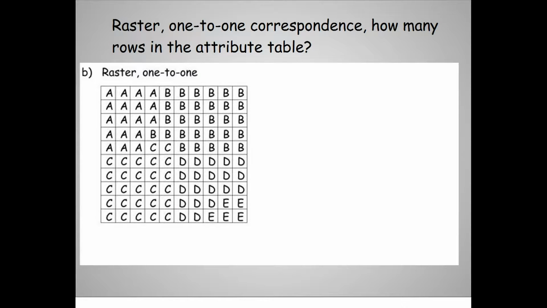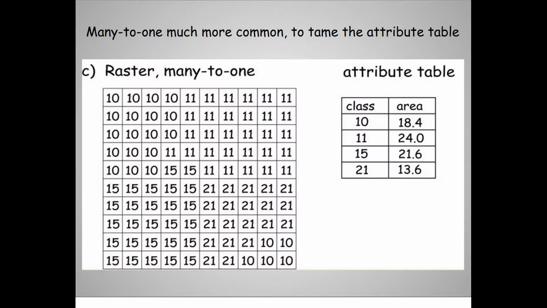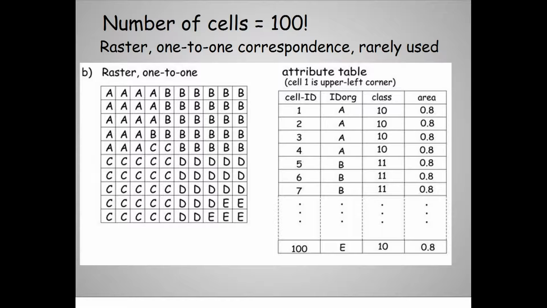What about the attribute data? Well, one way to think about it is that now each cell is like its own vector. And so if there's 100 cells, now we've got 100 rows in the attribute table. That rarely happens. That's not the way most GIS systems work. What they do is they work like this, where the values are changed to a code.